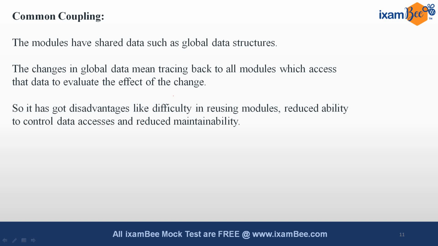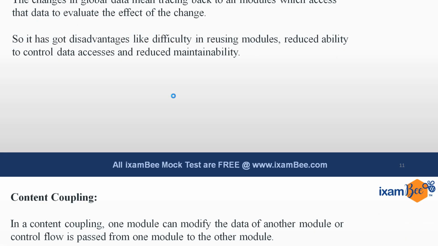And so we end up with reduced maintainability. Whenever global data structures are defined, we have to make sure they are ones that will rarely change. If they change, all the other modules dependent on them will have to evaluate the delta effects of the change. This is a very high coupling, which is not promoted for good software.